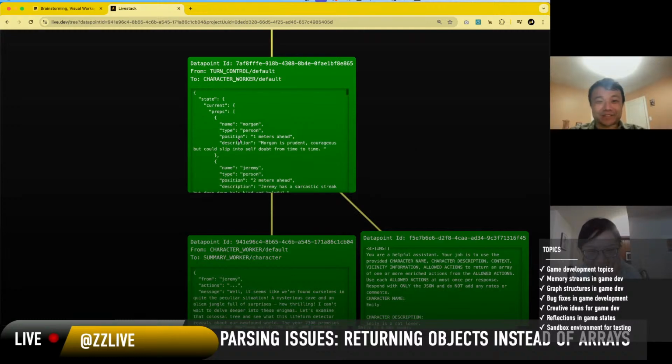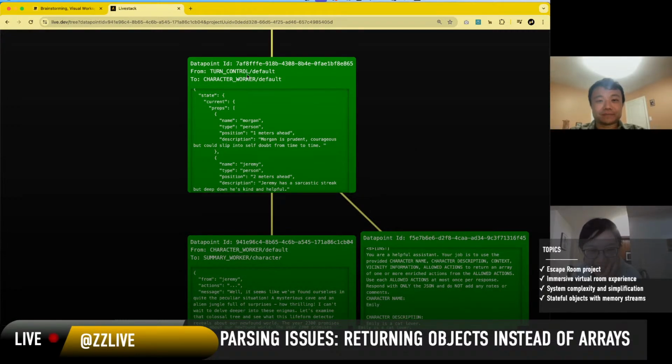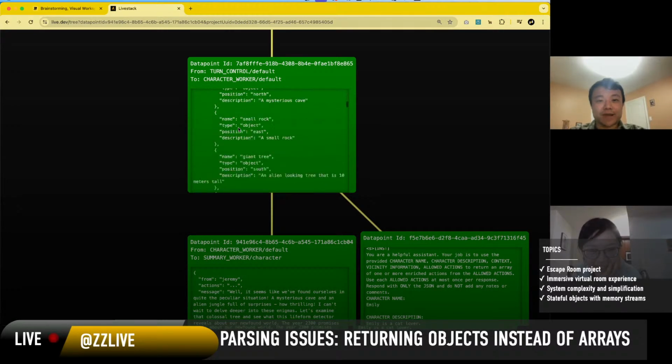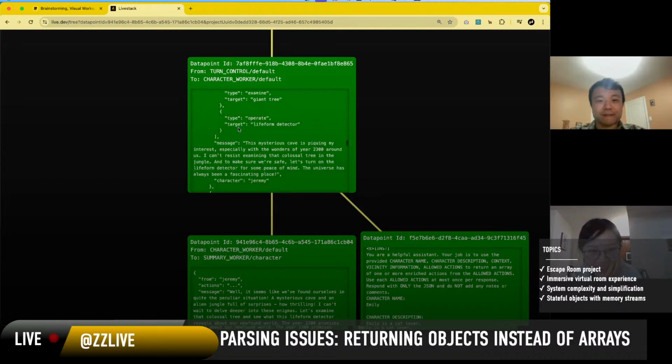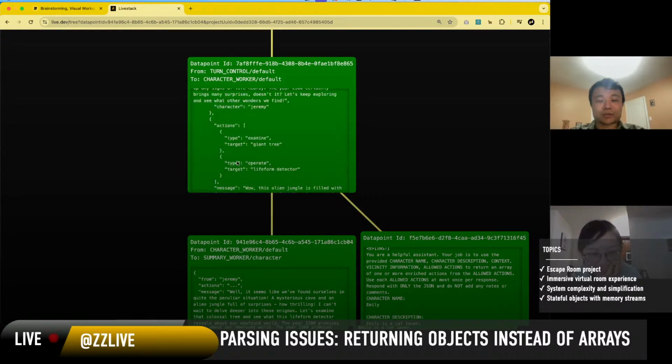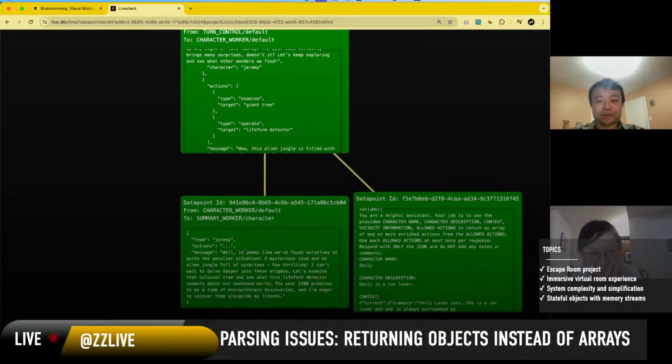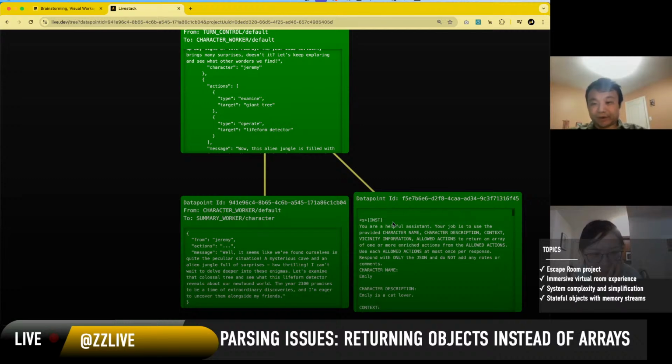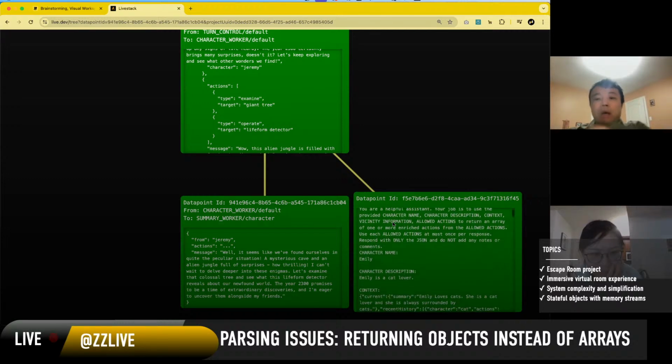Okay, we have this. From turn to action character. From turn control to character worker, from character to default to summary worker. Yeah. You are a helpful assistant.